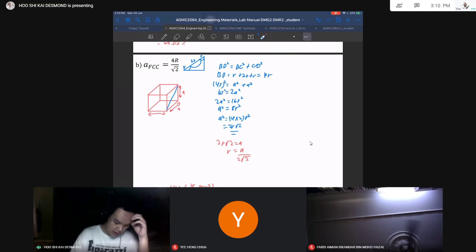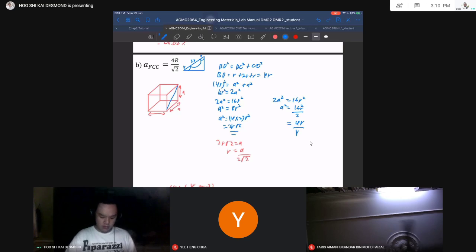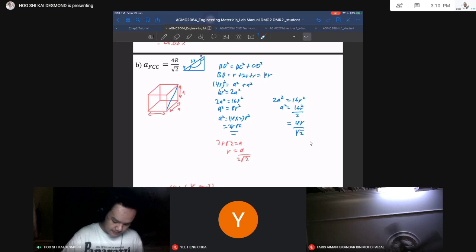Okay, so to prove it, how it's got two. No, to prove why different is here, 2A squared equals 16R squared. So 16 over 2, then 4R squared. 4R. So we need to do two things. One is to prove this one, then one is to prove this one.